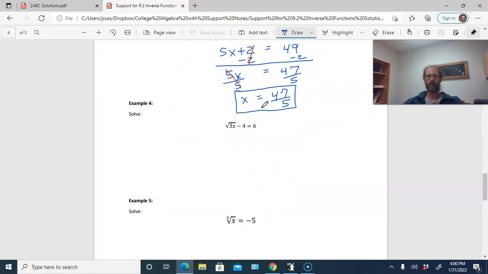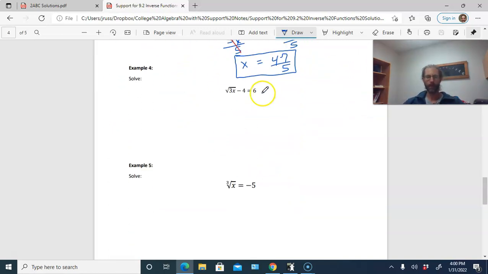Alright, let's try example 4. Now in example 4, we've got a square root in it. Our first step, we've got to isolate that radical. This one's slightly different because this minus 4 is not underneath the square root, so we need to get just the square root by itself. That means we need to eliminate the minus 4.